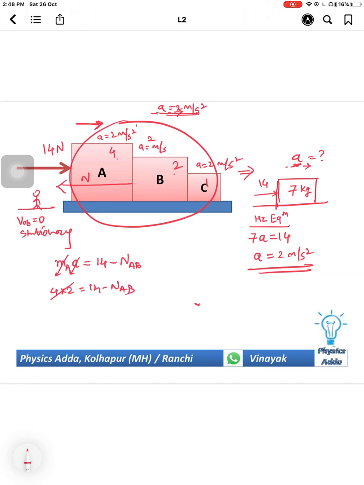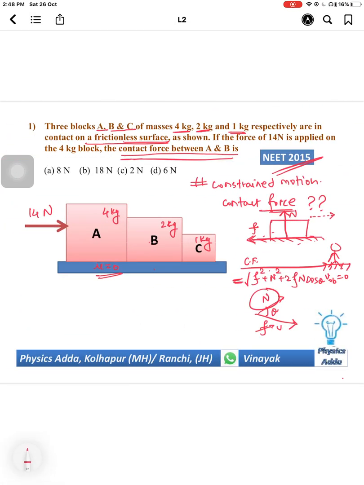So this is 8. So NAB will be 14 minus 8 is equal to 6 Newton. What is the answer? The answer is 6 Newton. So the right option is D. Question number 1, answer is D, 6 Newton.